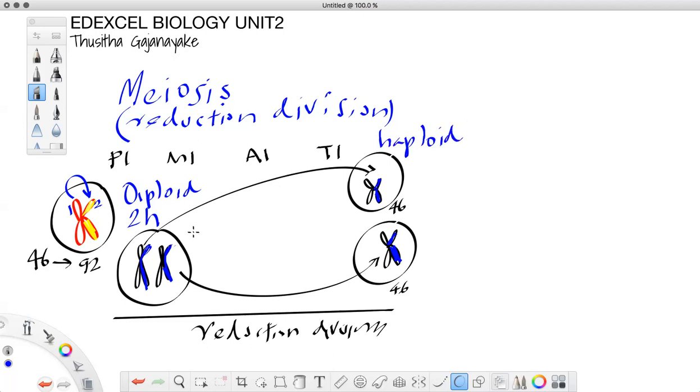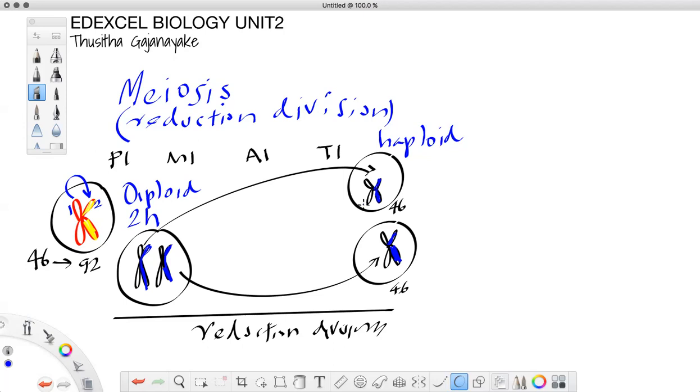Because originally there are 46 chromosomes with 23 pairs, and when it divided at the first stage, these pairs are separated and the homologous chromosomes separated. One chromosome goes to one cell, the other chromosome goes to the other cell.